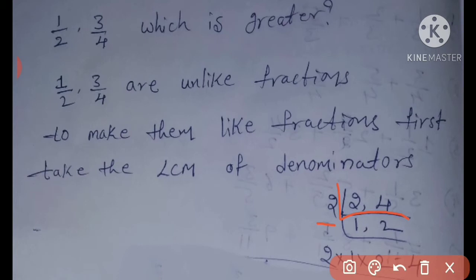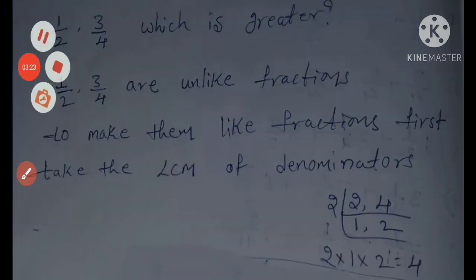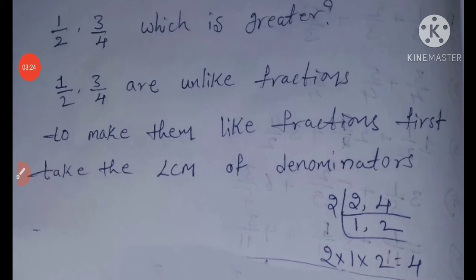Divide the given fraction denominators by 2. 2 ones are 2, 2 twos are 4. Is any number dividing further? No, because we already got these two, 1 and 2, directly.